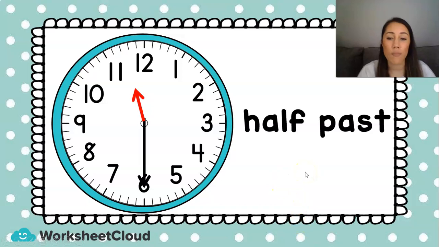So it is half past 11. Okay, and our last one, our long hand is still on the 6, and it is half past, between the 5 and the 6. So it is half past 5.